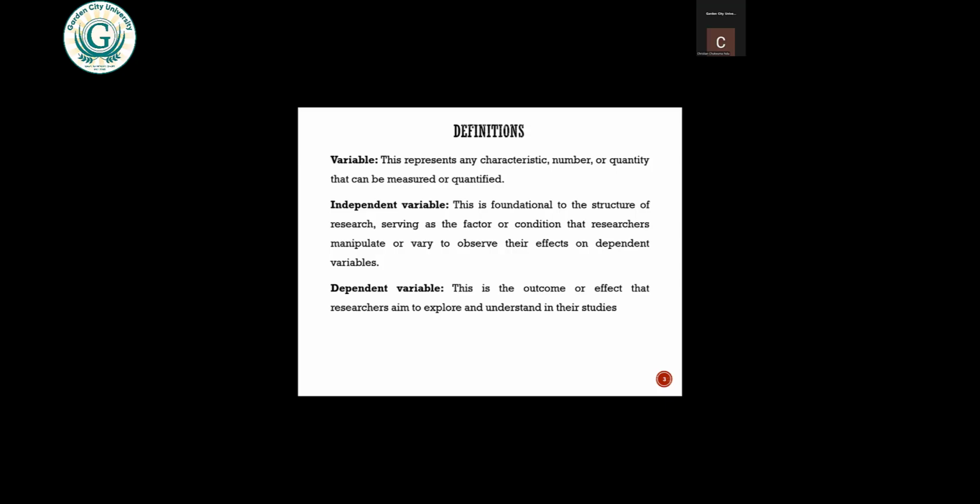For example, if you want to determine the factors that are influencing teenage pregnancy in your community, teenage pregnancy is the final outcome, making it the dependent variable.